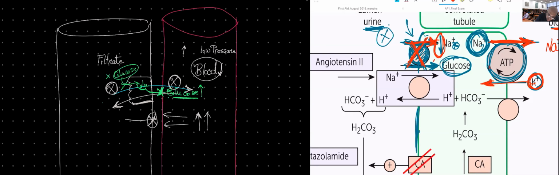So I need an active membrane transport to carry the sodium against the concentration gradient. And this is what we've called, if you remember from AP1, the sodium potassium ATPase pump. So I carry the sodium from the cell to the outside to keep the sodium inside the cell at low concentrations, to keep allowing the sodium to travel in from the urine or the filtrate.